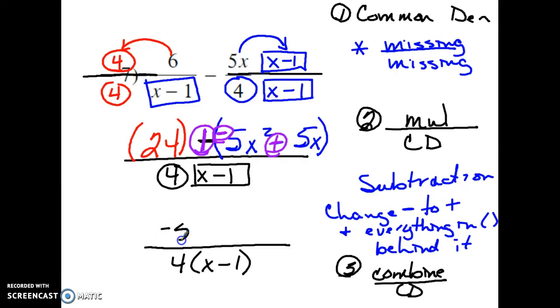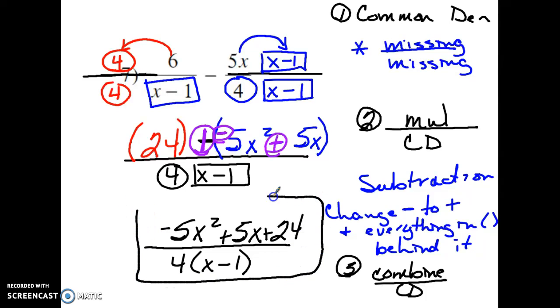So this is a negative 5x squared, because we changed it. Then for my x's, I have a positive 5x. And for my constants, I have 24. And there is our final answer.